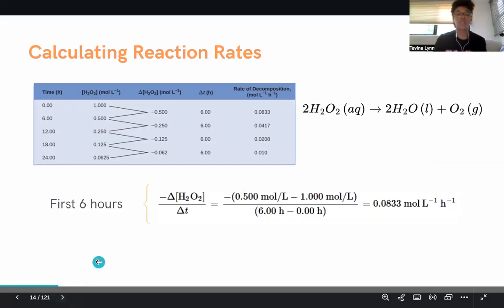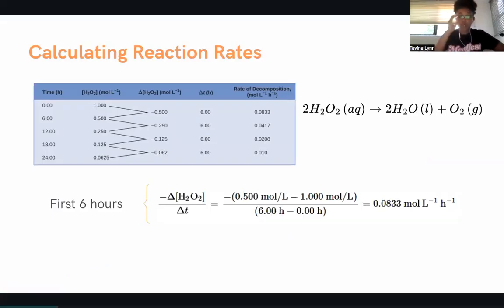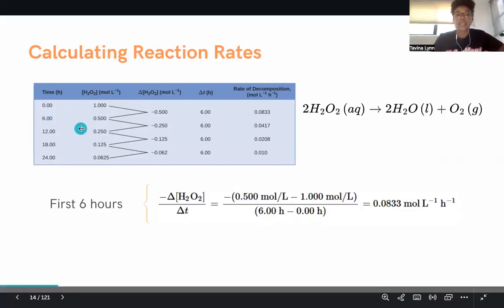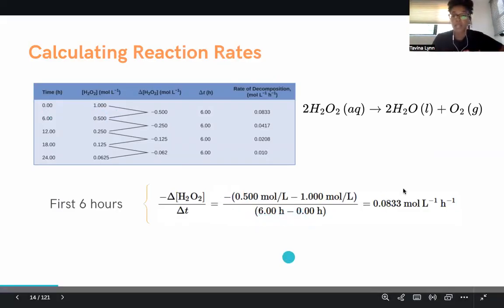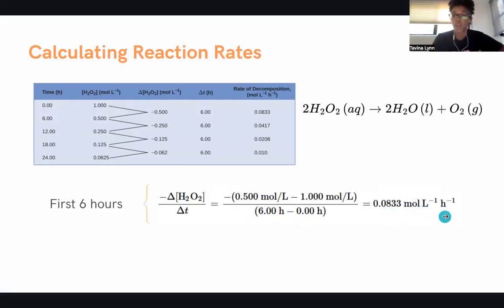So if we calculate the rate in the first 6 hours, we see that at 6 hours, the amount of hydrogen peroxide was 0.5 molarity. That's what we have here, minus 1 molarity, which is the concentration that we initially started with of hydrogen peroxide at time point 0. In our denominator, we just do the difference in time, which is 6 hours minus 0 hours, and we get 0.0833 molarity, right, which is moles per liter per hour. And that's what they have shown here.